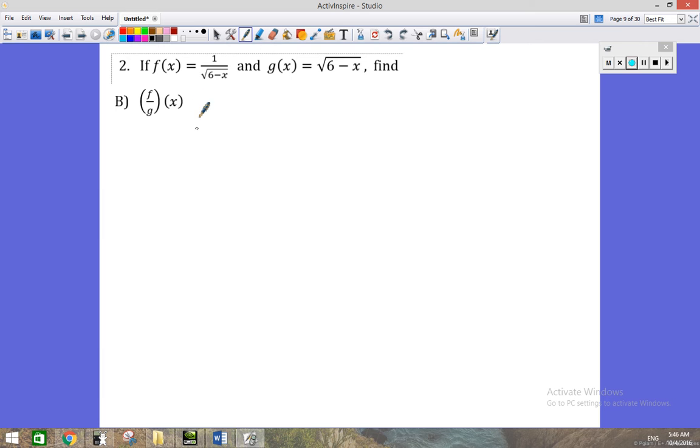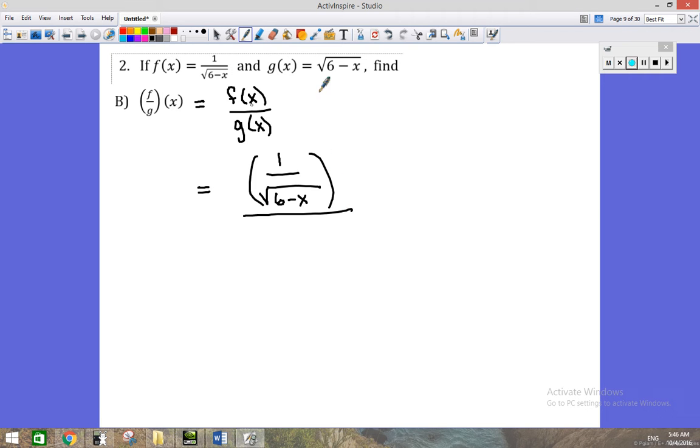Now, this is the notation for f of x over g of x. We have a complex fraction within a fraction. Our numerator is a fraction. Now our denominator is just g of x.